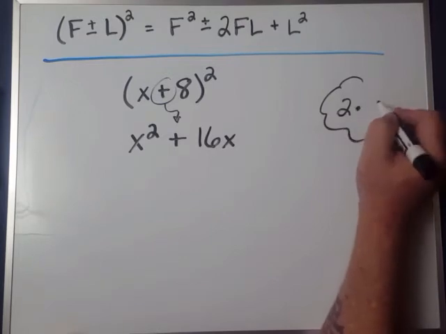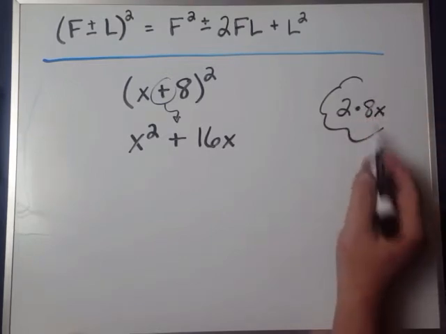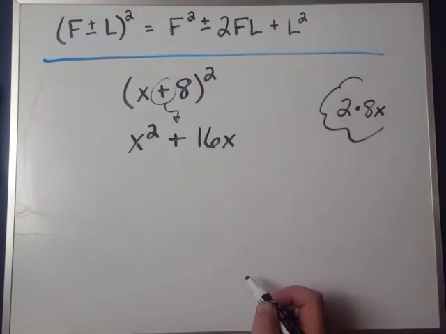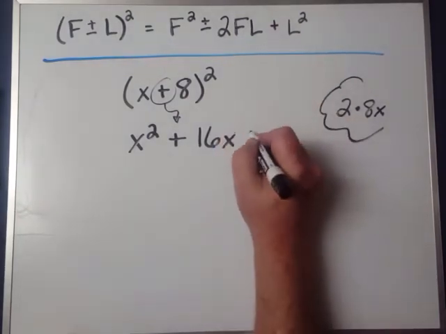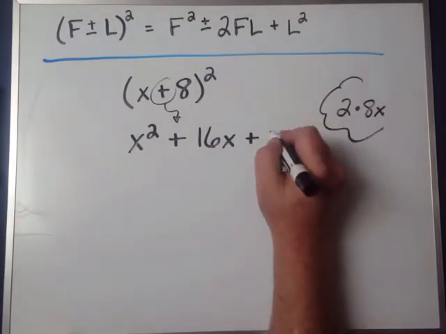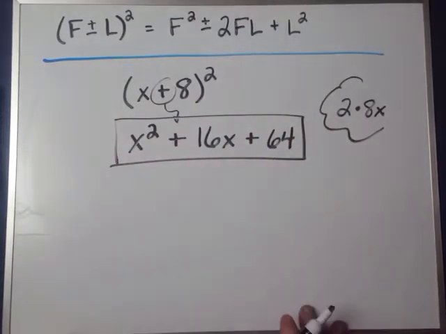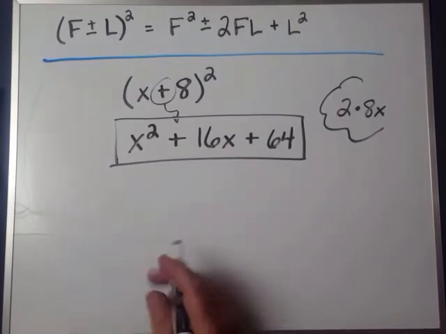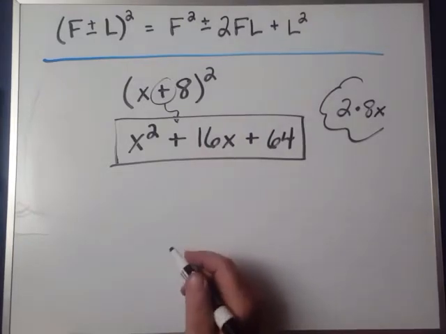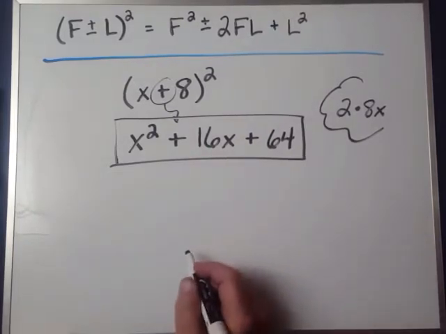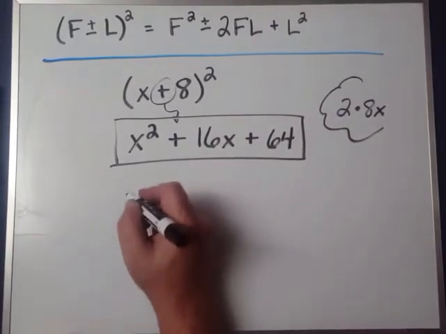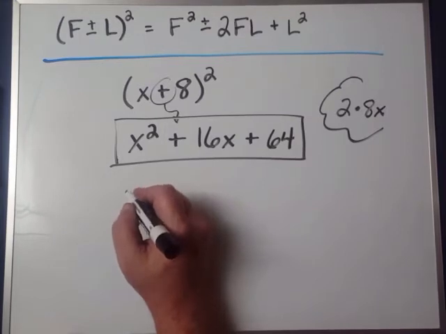Double 8x, you get 16x. And then always plus the last squared, 8 squared is 64. Done. Makes very quick work of these problems. But in addition to that, those things that we mentioned, we're going to be working these backwards in Chapter 5. We're going to be completing the square next semester on certain problems.